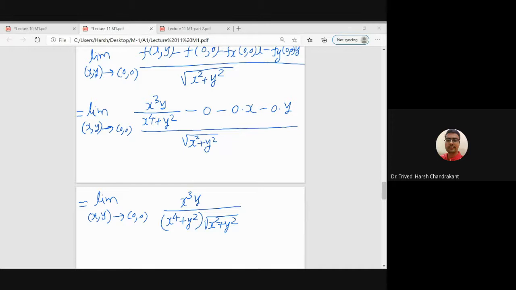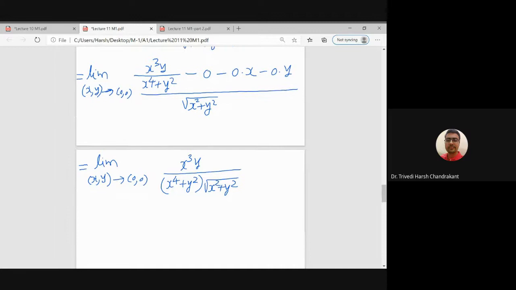This is a limit of a two variable function. So what we do is first check the iterated limits, then we check the limit along y equal to mx. If all the limits are the same, we'll go for the epsilon delta definition, that is, whether we can squeeze this function by square root x square plus y square or not.